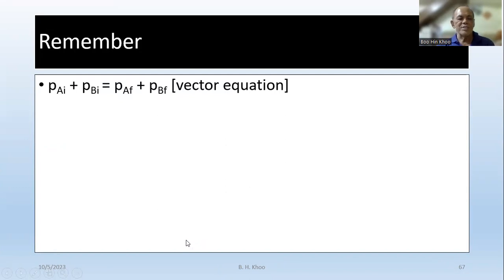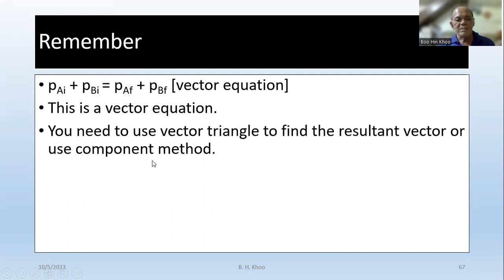This is a vector equation. This is the total momentum initially, and this is the total final momentum for a two-body collision. The vector equation, you need to use the vector triangle to find the resultant vector, or use the component method.